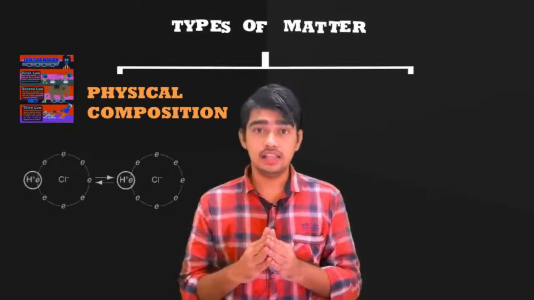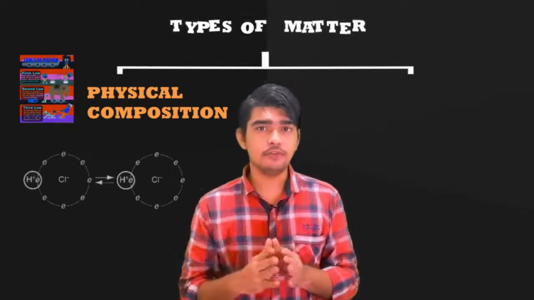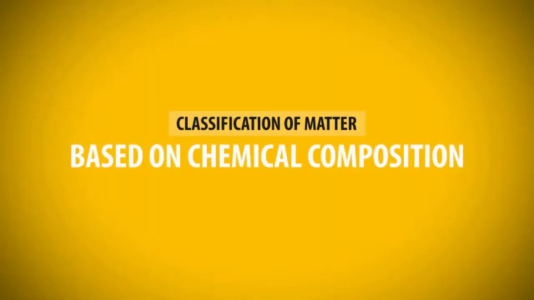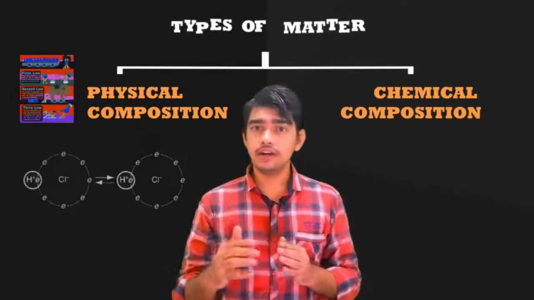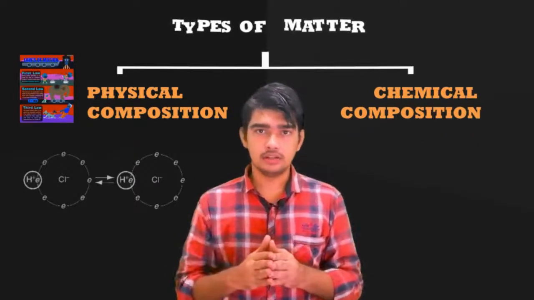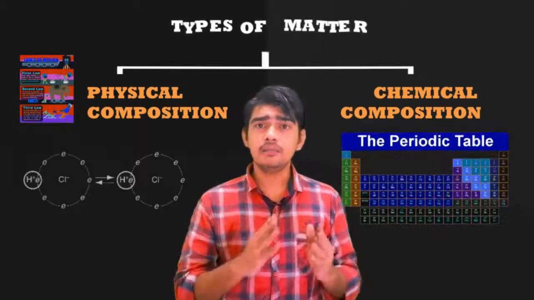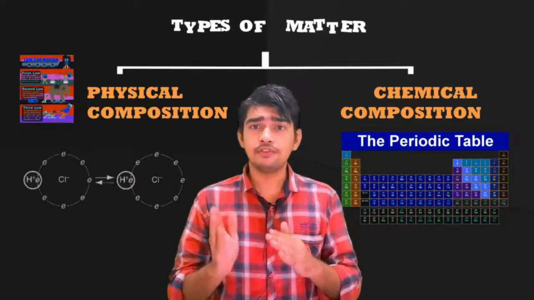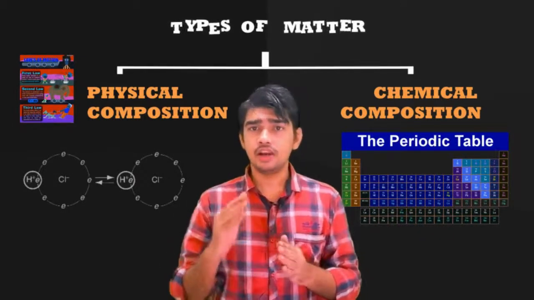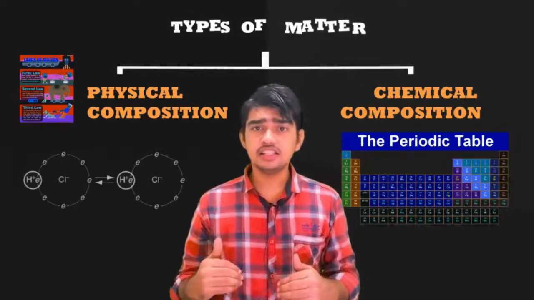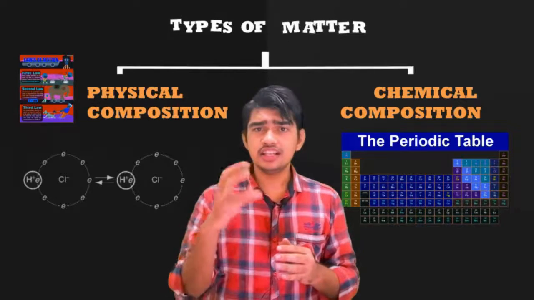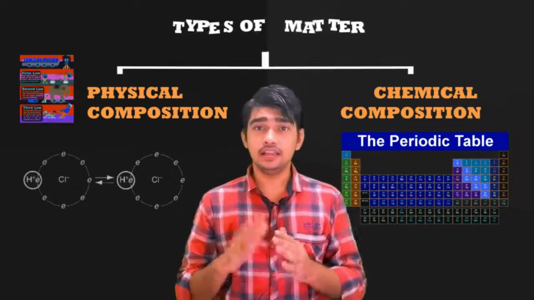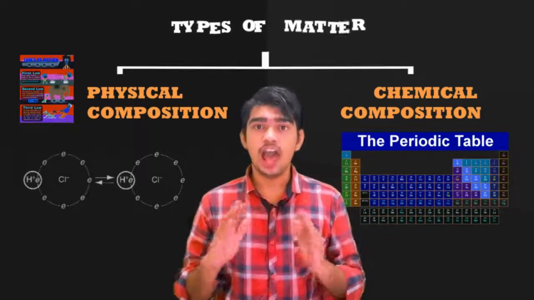Now, let's see the next type of classification. Since there are different kinds of matter around us, for example, each element in the periodic table is different from each other. For example, we take oxygen but not carbon dioxide, because oxygen has some chemical property that carbon dioxide does not have.